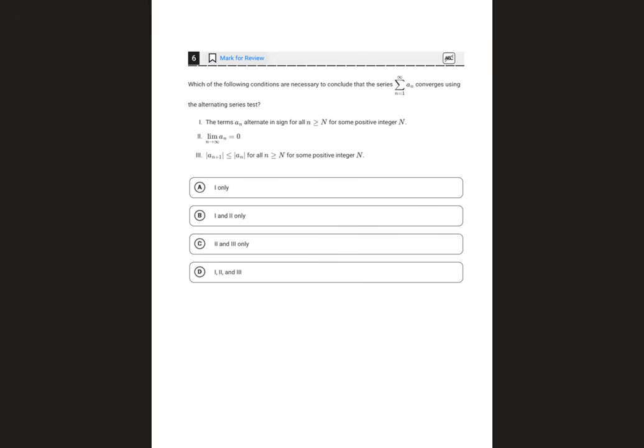Okay, so there are 3 conditions to the alternating series test. One of them says that it has to alternate signs, right? It has to be an alternating series in the first place. So that's what number 1 says: the terms an alternate in sign for all n greater than or equal to some positive integer. So this little phrase here, let me highlight this.